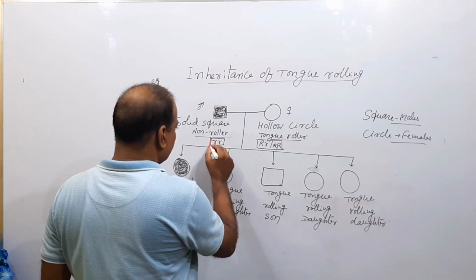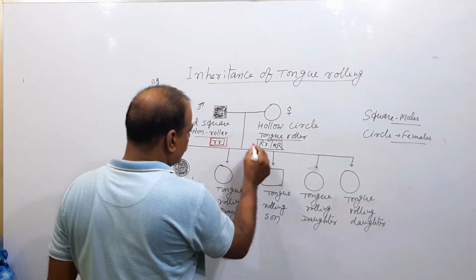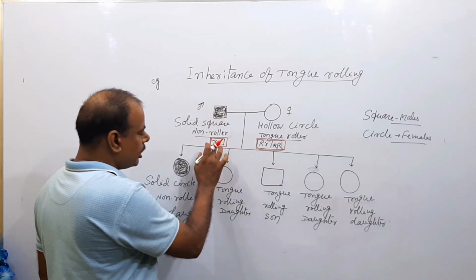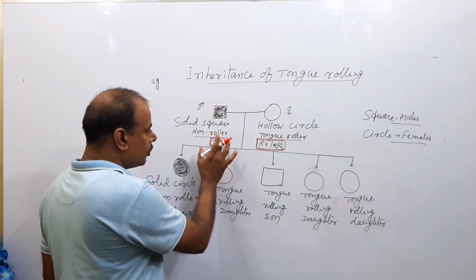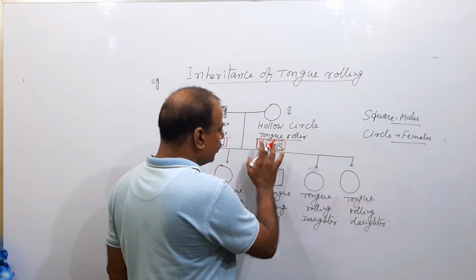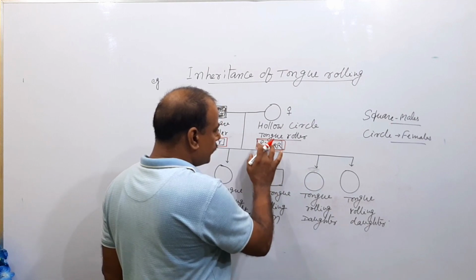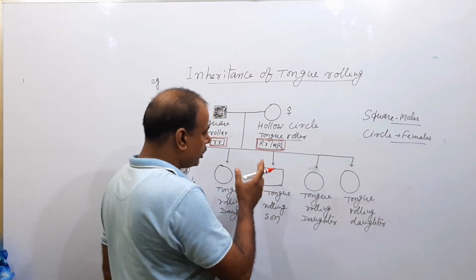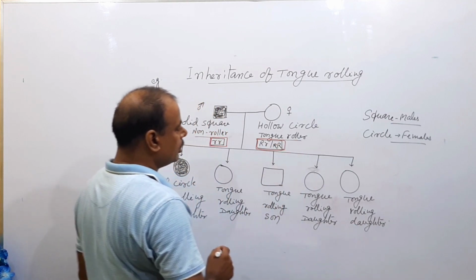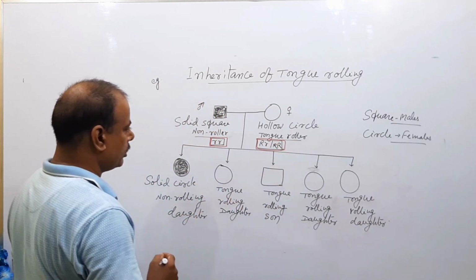So these are the two different types of conditions. Small r, small r means homozygous recessive condition for tongue rolling, and the first one is heterozygous dominant, and the second one is homozygous dominant condition.